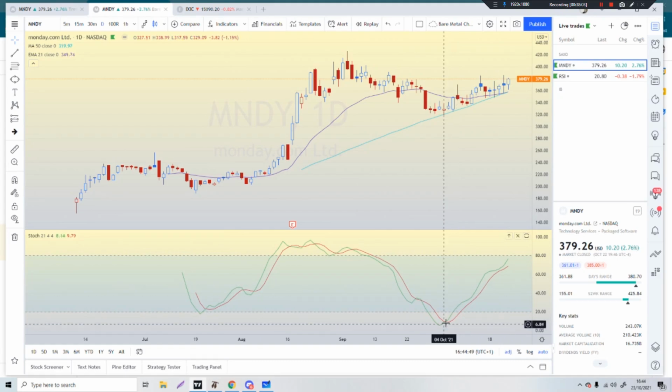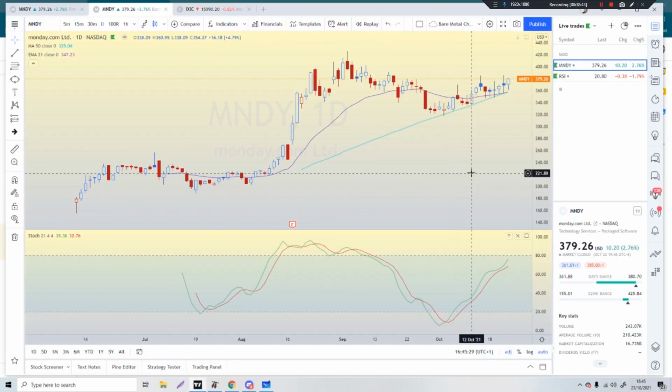But when that crosses below the 20, it tends to be near the lows. On this point, you're within 10% of the 21-day lows, and the momentum is creeping up, but it's waiting a few days to confirm that. So we're now 20% off of those lows at this point. So that's where you would actually buy it. You get your cross and you're ready to buy, but you buy it as it crosses over that 20, and that gets you into that trade.